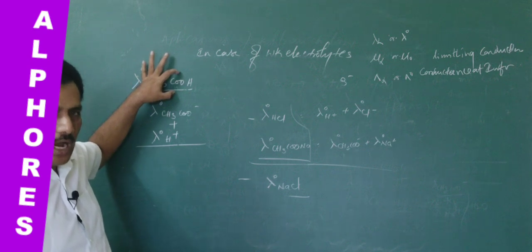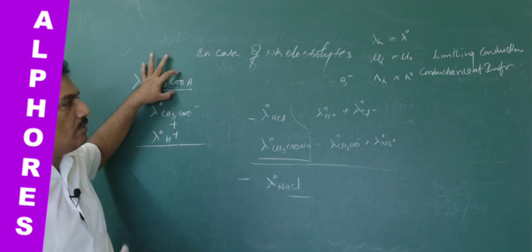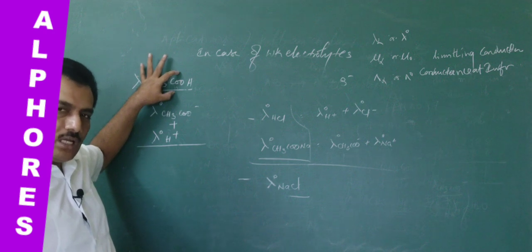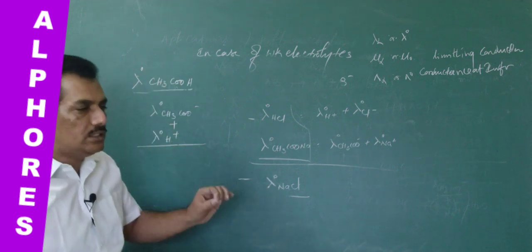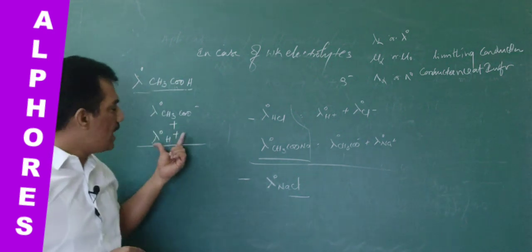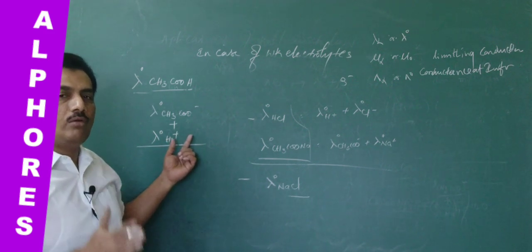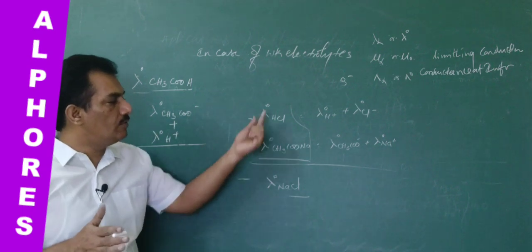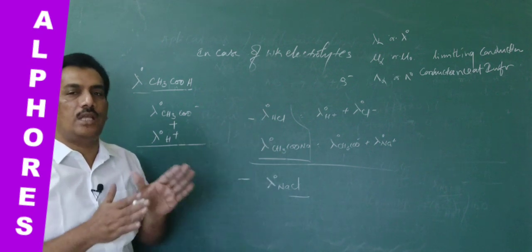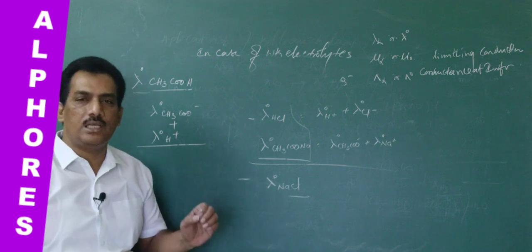Whether it is strong or weak, how we can apply it is simply that he considered that the individual ion conductance is independent of the nature, the strength of the parent electrolyte from which it arrives. That is the key point.